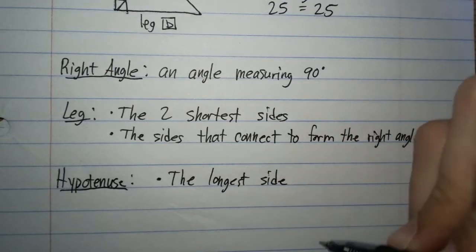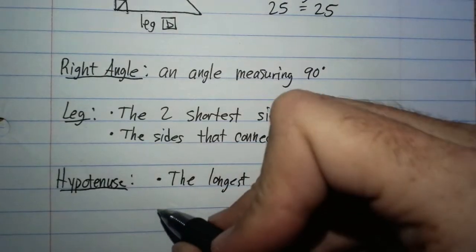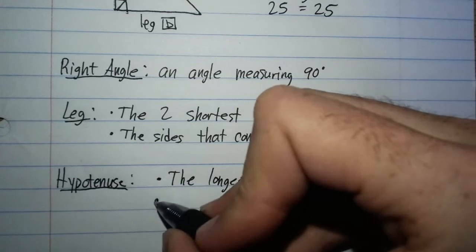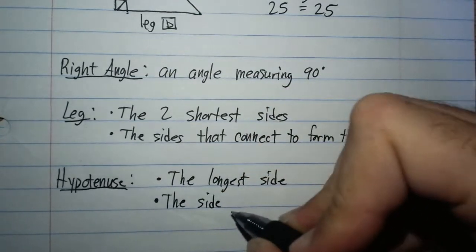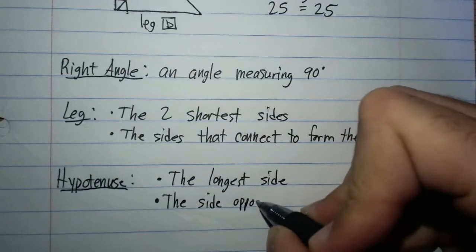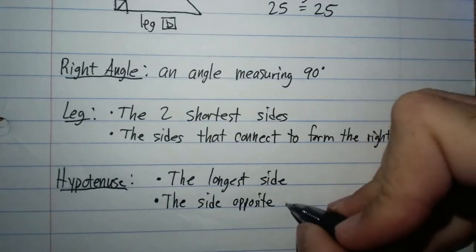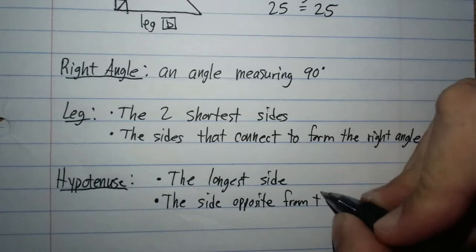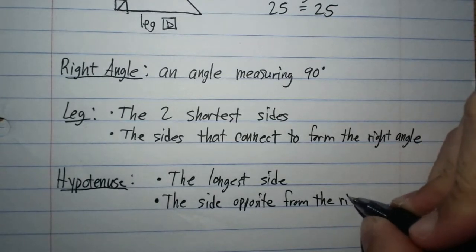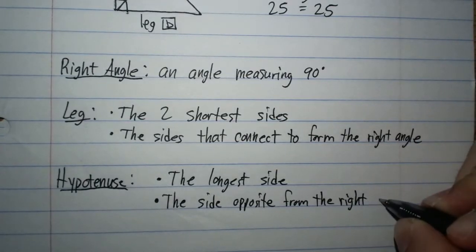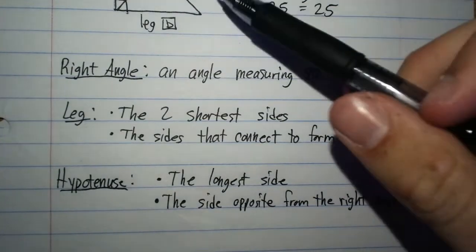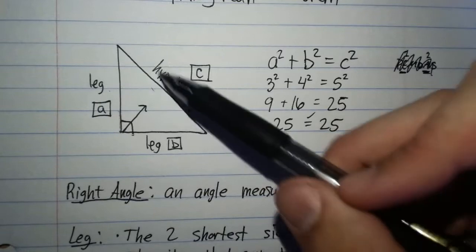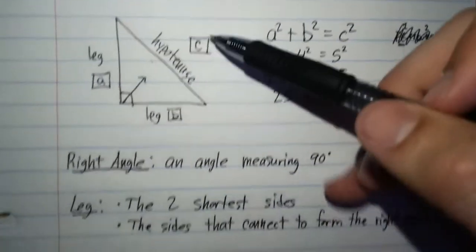So the longest side is the hypotenuse, and it is the side opposite from the right angle. It does not touch the right angle. If you look up here, it is the side over here. It does not touch the right angle.